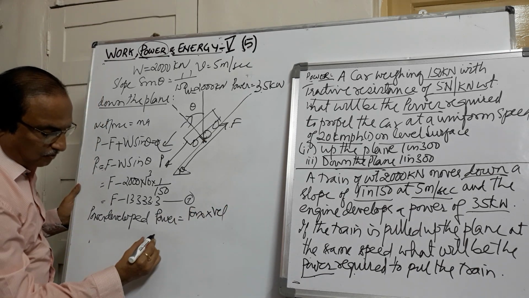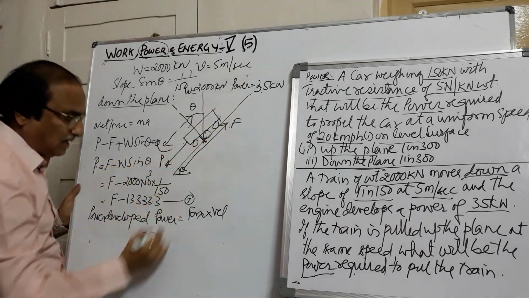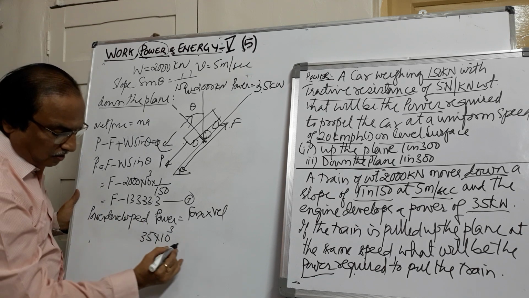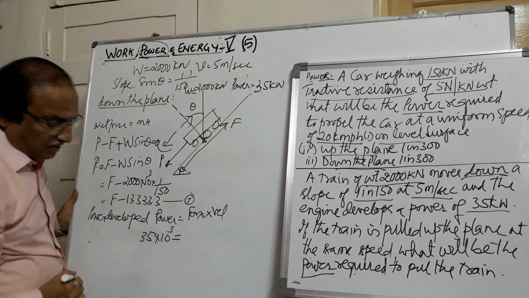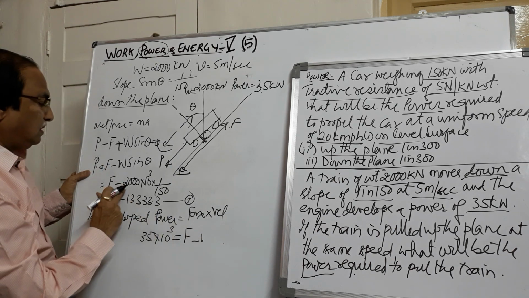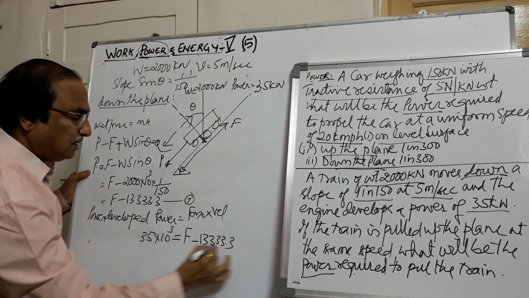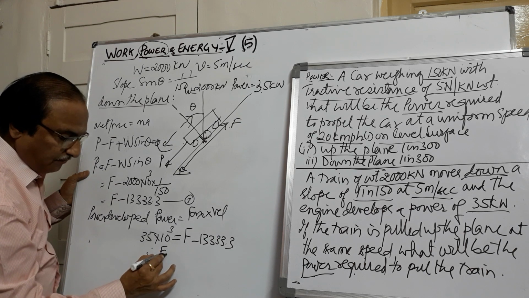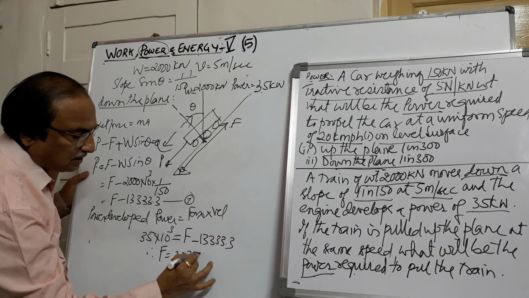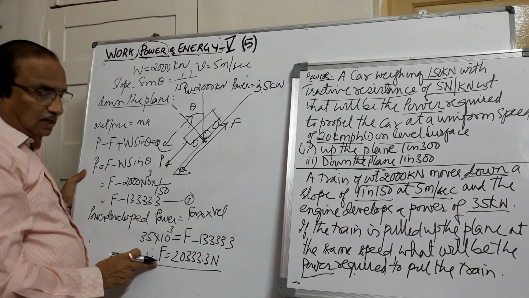The power given to us is 35 kilowatts, so let us convert this into watts, into 10 raised to 3, is equal to the force which is acting, F minus 1333.3, into velocity. So this will give you the value of F equal to 2033.3 Newton. So this part has given us the resistance.